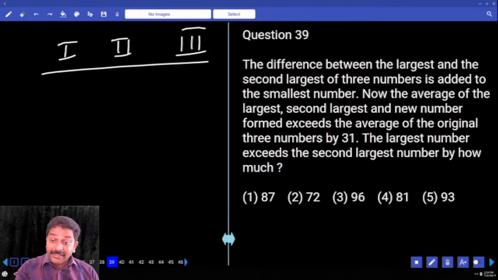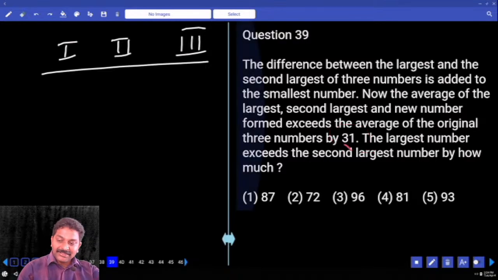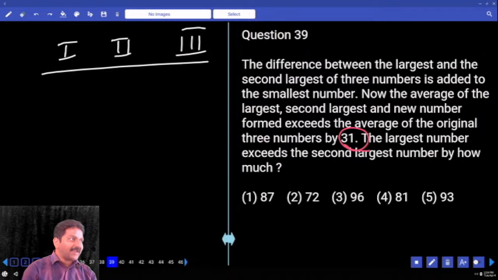So, if there are 3 numbers, this number into 3 is your final answer. If there are 2 numbers in the given question, into 2 is your final answer. So, when can you do that? Sometimes in your question, they will give you the relation between first number, second number, or second number, third number, something like that in terms of a ratio.